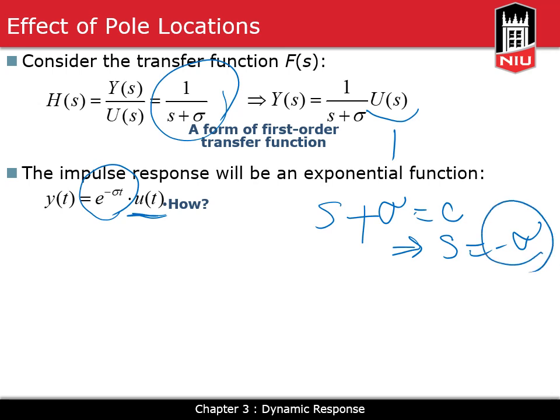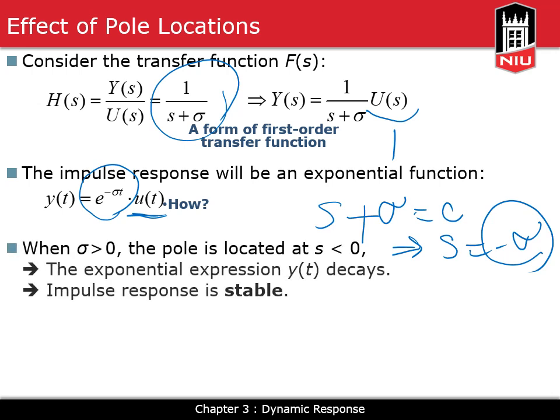Now you see that negative sigma shows up in the power of e in y of t, e to the negative sigma t. So the pole definitely determines how that term will behave in the response. Most importantly, sigma being positive or negative plays a very important role.